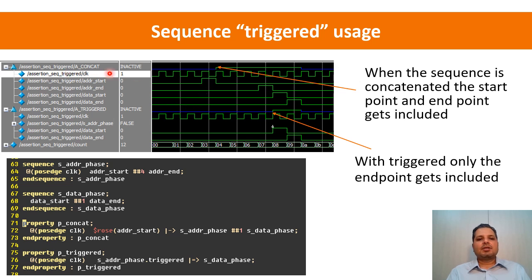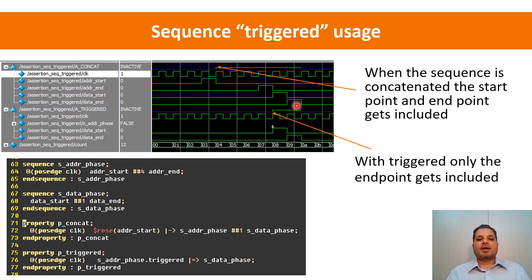So here I have the property that I have added, and if we look at the waveforms, we see the address phase start over here, happening at clock 3, and then the address phase end happening at clock 7, about 4 clocks later, and then immediately on the next clock cycle we have a data phase start and the data phase end.